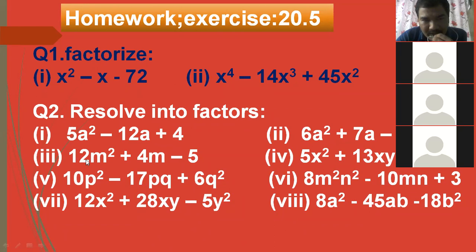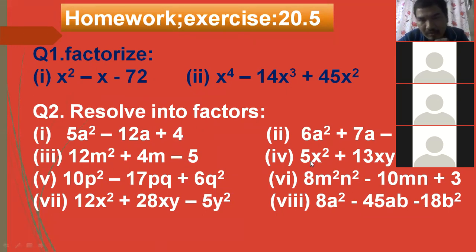Our multiplication must come minus 60. 10 and minus 6 is the answer. 10 minus 6 is 4, and 10 into minus 6 is minus 60. Good.